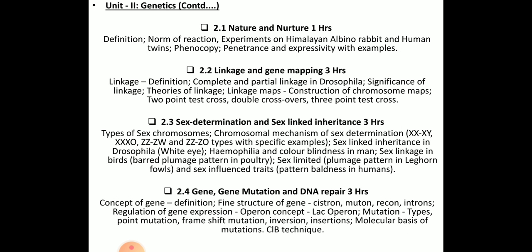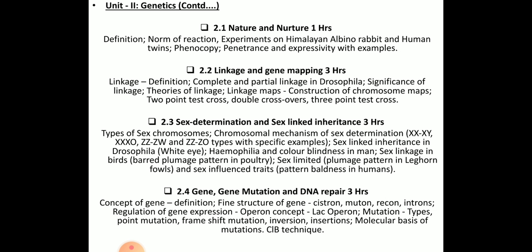Whereas in the second unit, that is also genetics, in the first subunit we'll be studying nature and nurture. Why genetics is important in nature, what is the purpose of studying genetics along with its application to nature, phenotype, penetrance, expressivity, along with examples of experiments on the Himalayan albino rabbit and human twins.